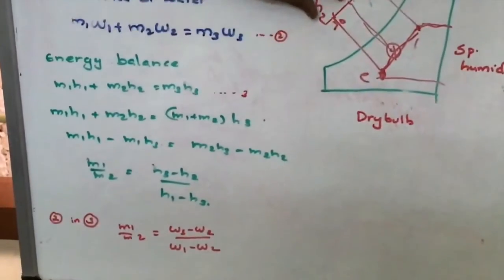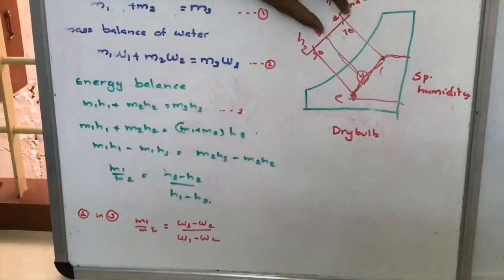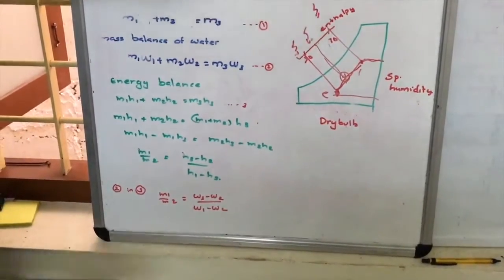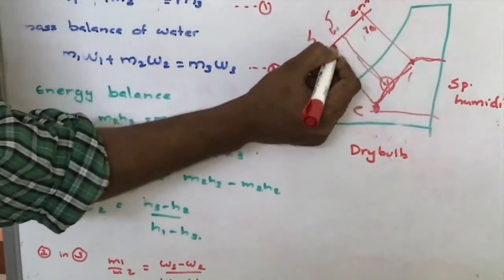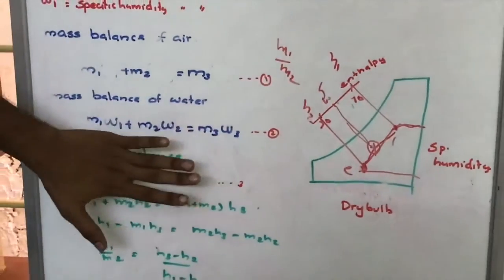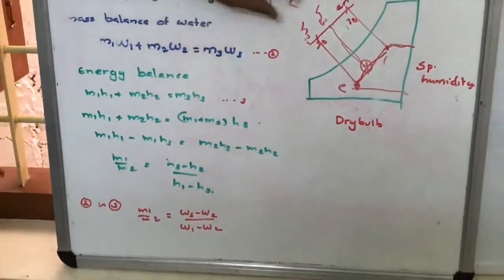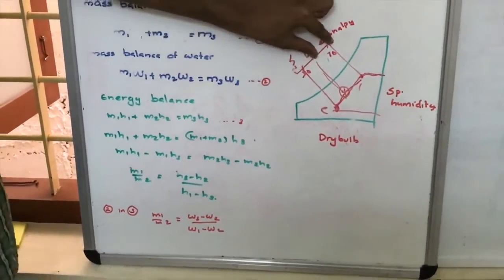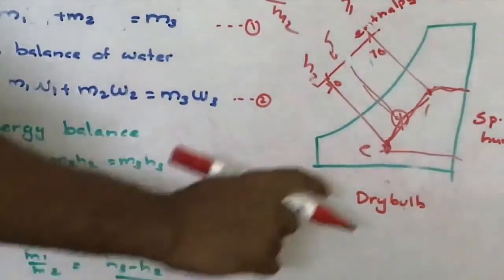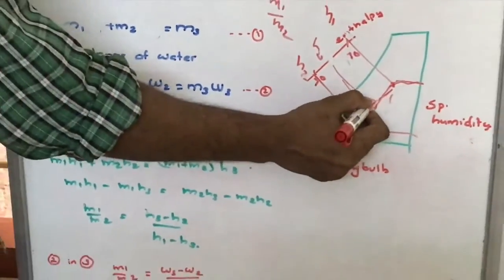The ratio of these two distances, H3 minus H2 divided by H1 minus H3, is equal to M1 by M2. So if we know M1 and M2, using just a scale we can find this length, plot it on the graph, and directly obtain this point. So now we have the third point.